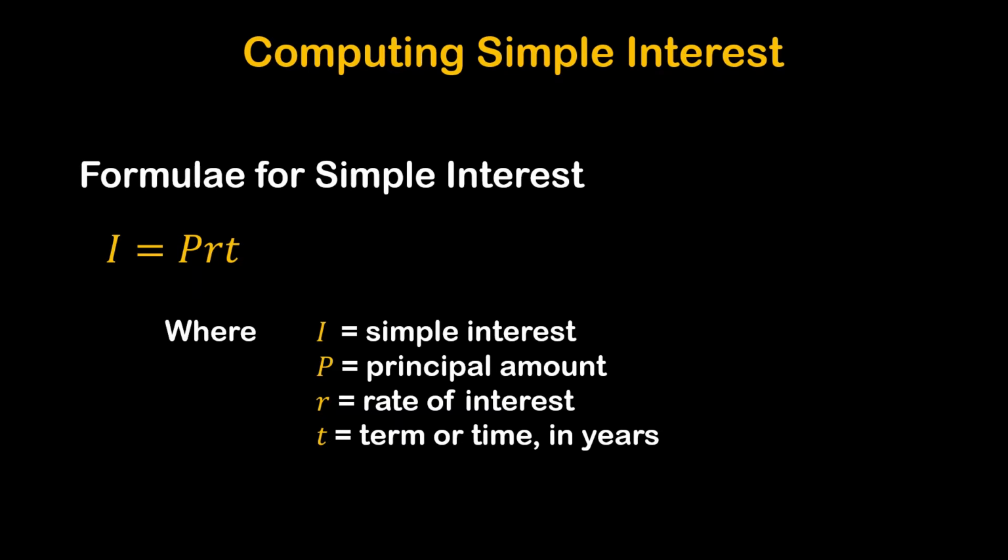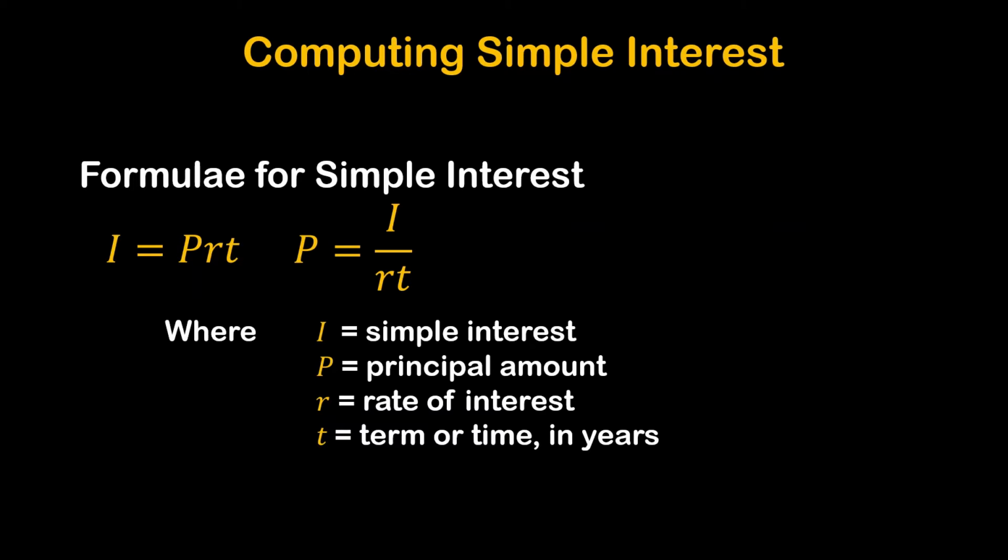There are cases wherein given yung interest pero unknown si principal amount. To find the principal amount, ang gagawin lang natin is we use this formula, I over RT. In this case, i-divide lang natin yung given na interest over rate times the time.